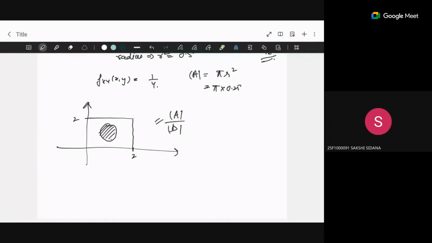Because the radius is the same, just the coordinates got changed. First it was 1 comma 1 and now it is 0 comma 1.